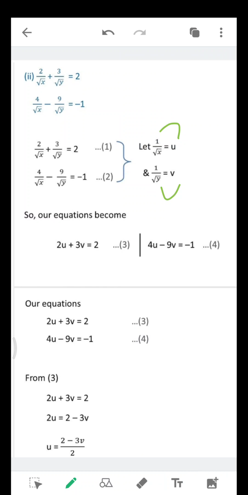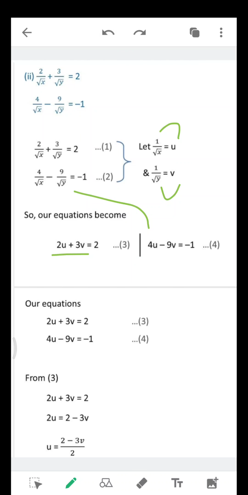So 2 by root x becomes 2u, and 3 by root y becomes 3v, and our second equation 4 by root x becomes 4u, and 9 by root y becomes 9v if I substitute these assumed variables.